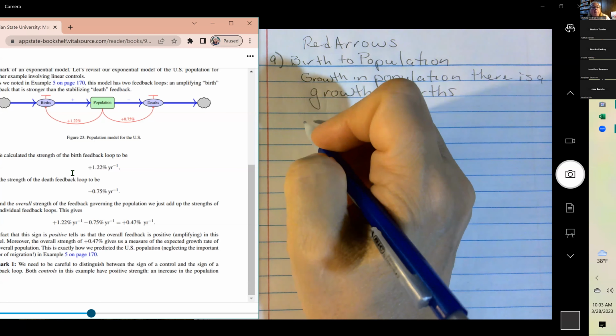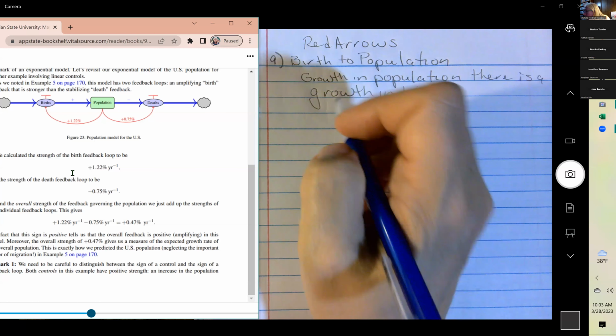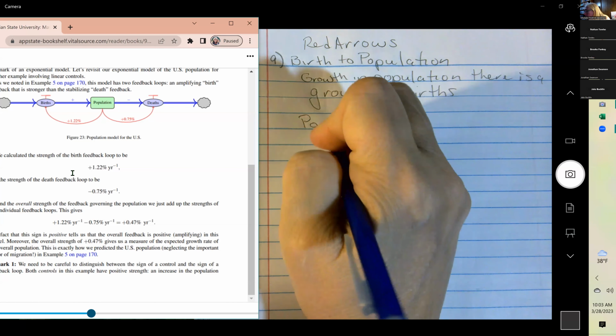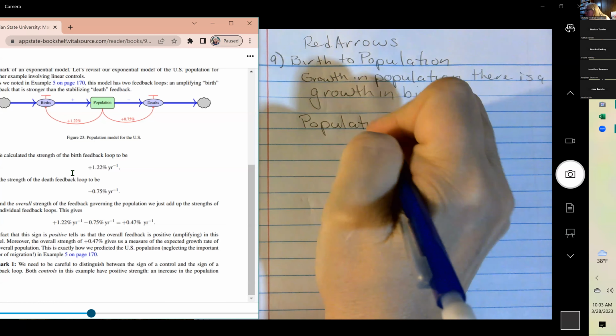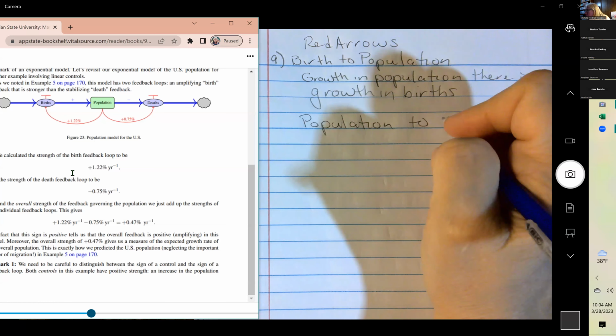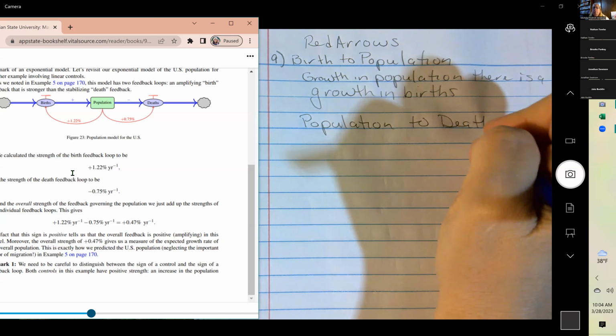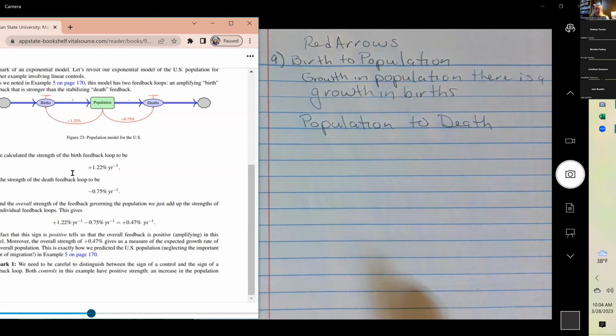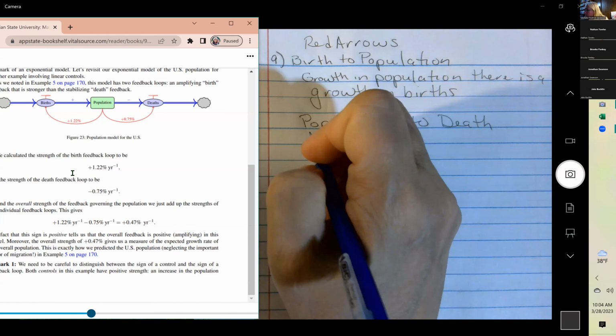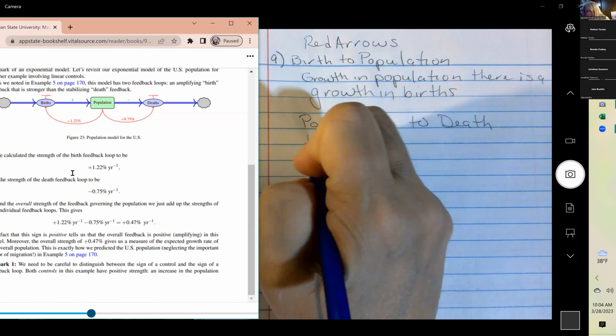The other one is population to death. So the red curve that goes from population to death means a growth or increase in population.